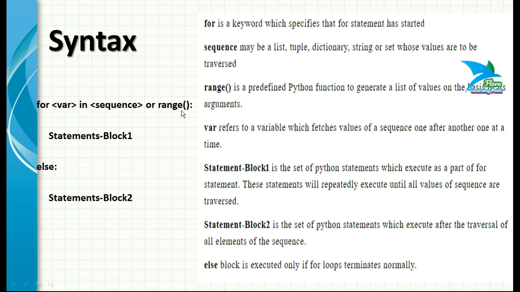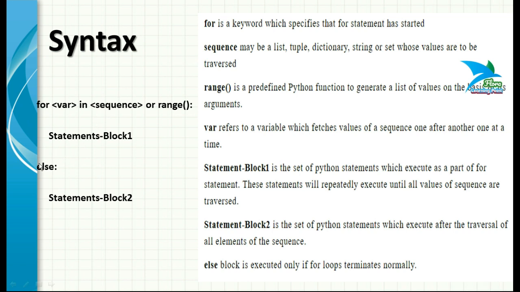In this session, we'll discuss the range function, and the sequences tuple, dictionary, string, or set will all be discussed in next lectures. And next, statement block 1 will be executed repetitively depending on the range or on the elements available inside the sequence.